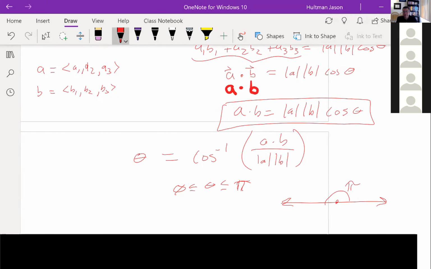Yeah, how about pi? Isn't that the biggest angle that two vectors could make? So it makes sense that the inverse cosine here would go from 0 to pi, and it does. It all works out.